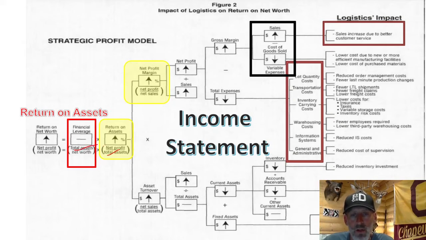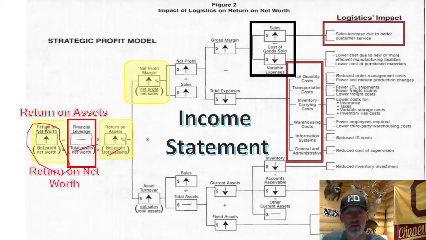So if we take total assets out of that formula, it leaves net profit over net worth, and that is our formula here for return on net worth. At the end of the day, we're trying to get to this calculation of return on net worth. That is our ultimate formula.